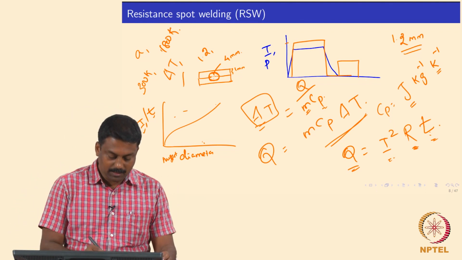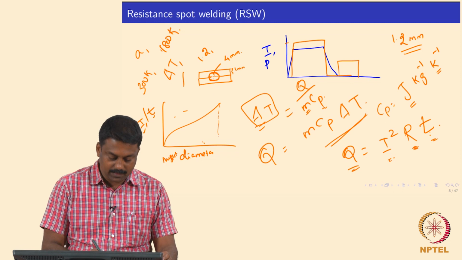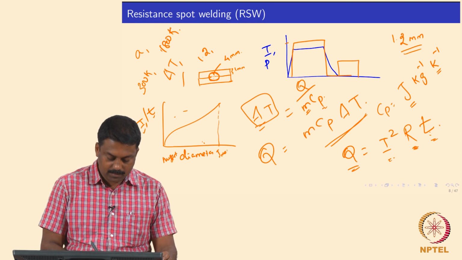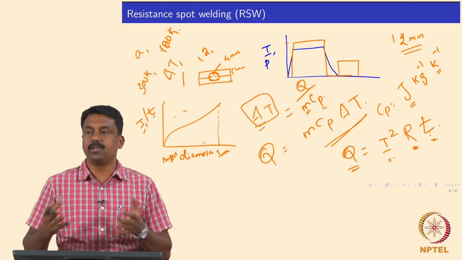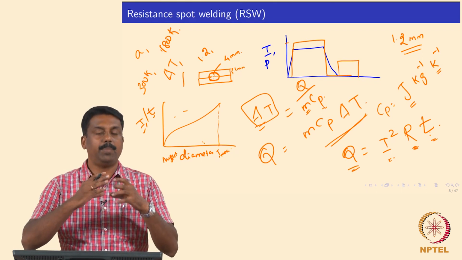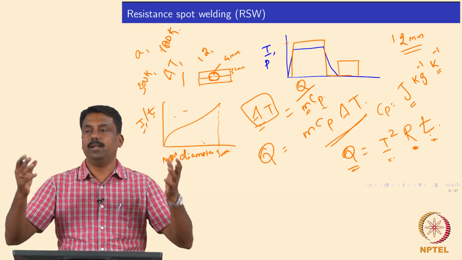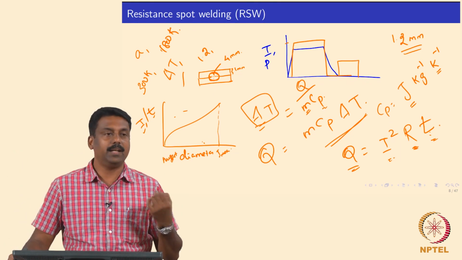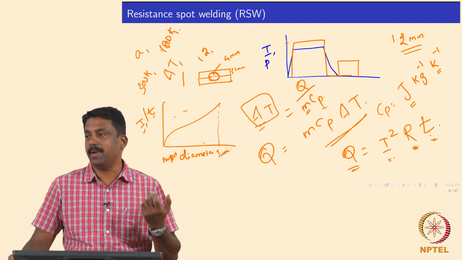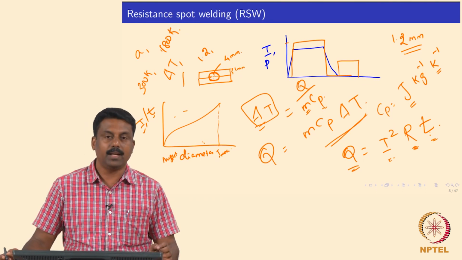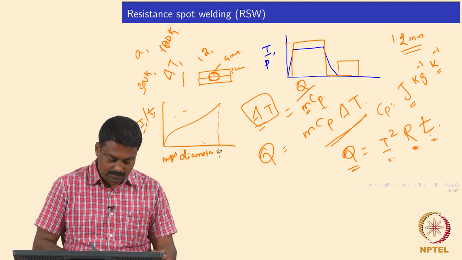There is one current at which we cannot form any weld nugget, because you form so much liquid that, if you are applying a load, the liquid gets expelled. That is the current at which the expulsion or splashing happens. That current is known as I max.